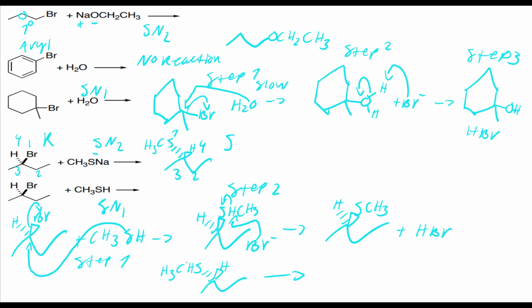Okay, so over here, this bond breaks, gives the electrons to sulfur. The sulfur stays in place. And this bromine picks up that hydrogen that was shot off.